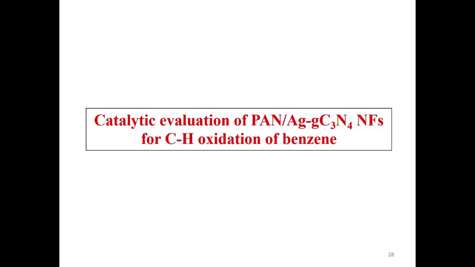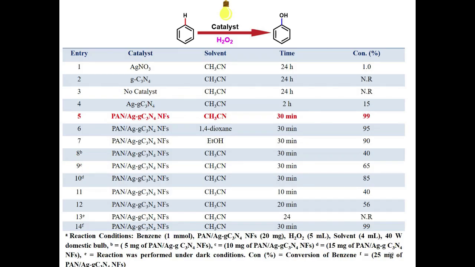That is CH oxidation of benzene, meaning whatever CH bond is there undergoes oxidation with the help of hydrogen peroxide, and there is a formation of phenol. With the same solvent condition, the reaction time is 30 minutes and it gives 99% yield as compared to the other catalysts or other solvent conditions. The time required is very less also.